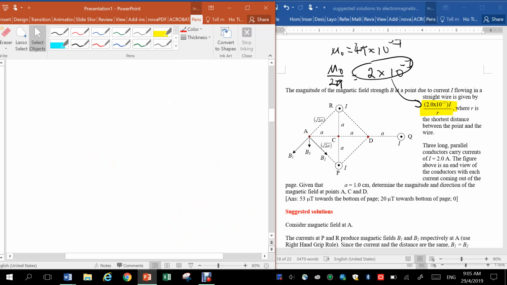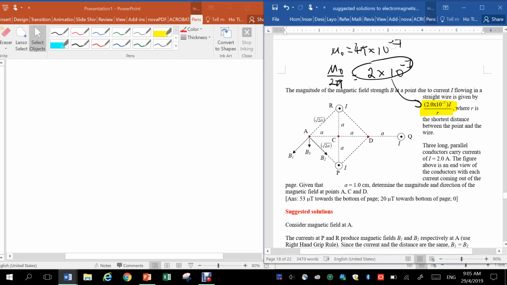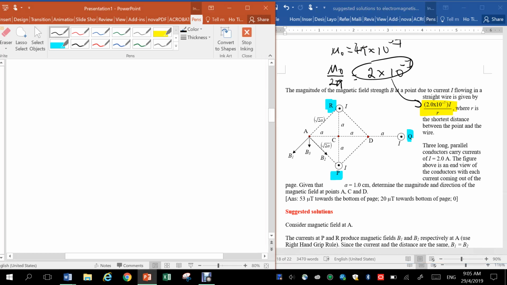There's wire R over here. There's wire P below and wire Q over here. Q is the furthest. So let's do it step by step. All right, let's copy the diagram over here. Let's look at R first. Let's use R in black. It is a certain distance away here.